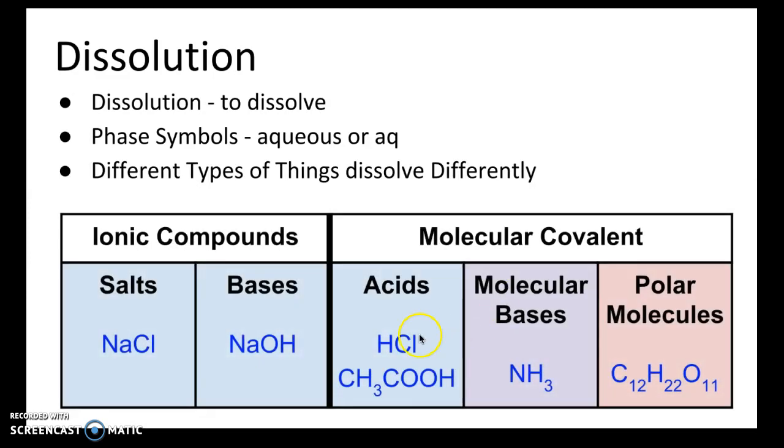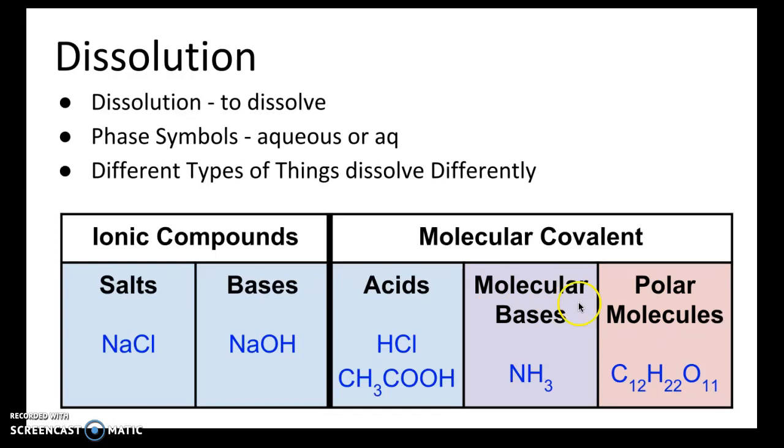For ionic compounds like salts and also bases, which we'll be looking at in a moment, when they dissolve, they do form ions, so they would be considered electrolytes. Acids also break apart into ions, so they would be considered electrolytes, and acids would fall under molecular covalent molecules. There are also things called molecular bases, which we'll look at later, and polar molecules.